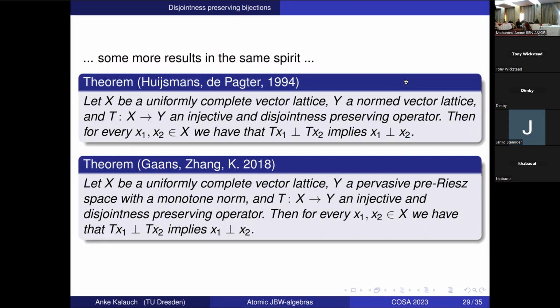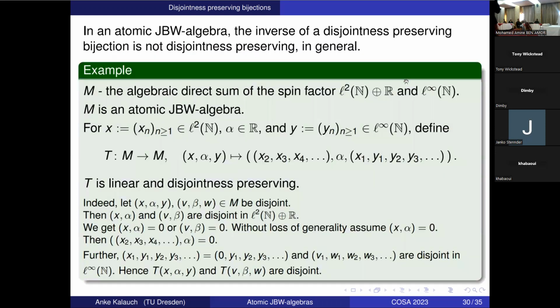And we could generalize up to a certain point, but this was difficult. This was not so clear whether this is true in general. Also this we don't know until now, but some partial results. Let's put it like this: there were some partial results, and somehow it's clear that when we ask now the question for these atomic JBW algebras, is this true there or not?